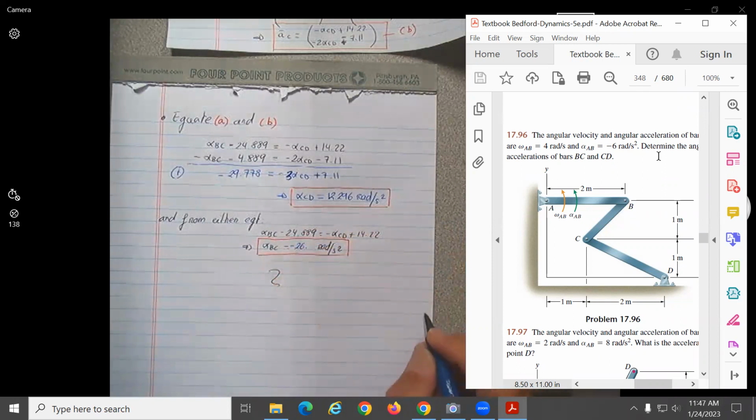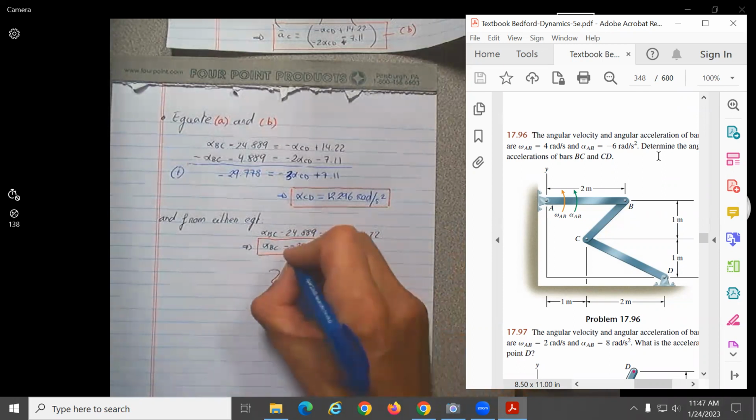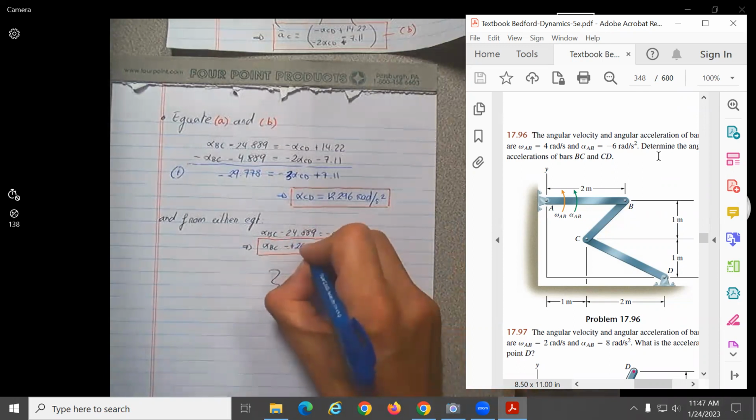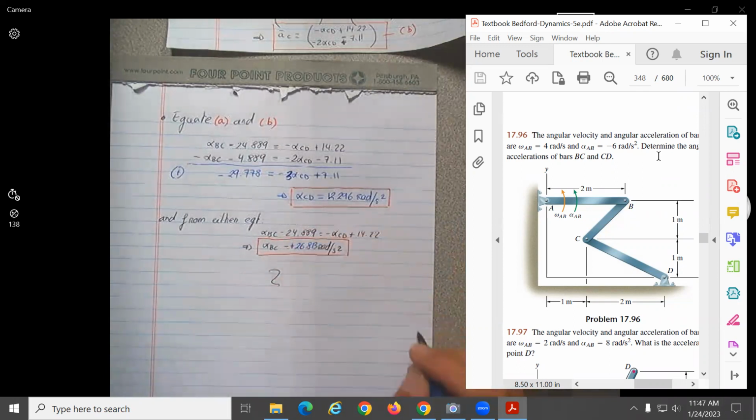Can somebody check? 26.93? I missed the sign, it's positive. It's positive? Okay. So positive 26.813. Somebody else gets the same thing? Yeah, okay. Any question?